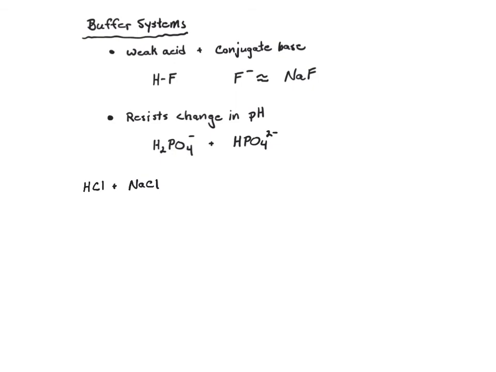Now, HCl is an acid, but it's not a weak acid. Okay, it's strong. Now, Cl minus is the conjugate base, but again, it's the conjugate base of a strong acid, which means this is not a buffer.